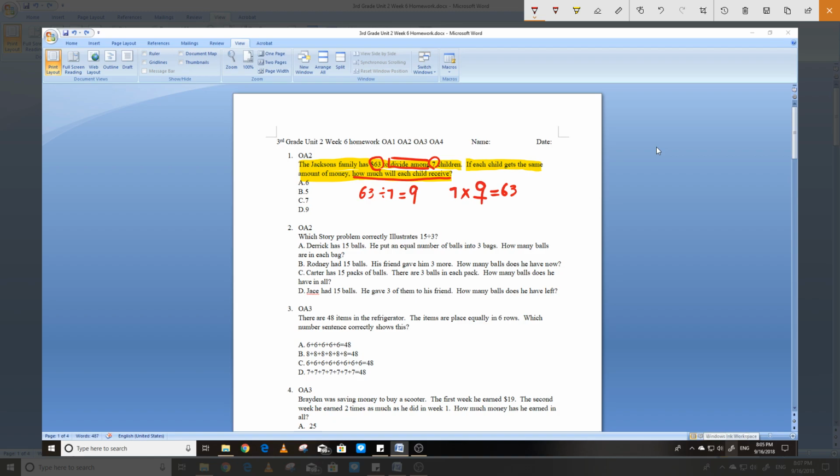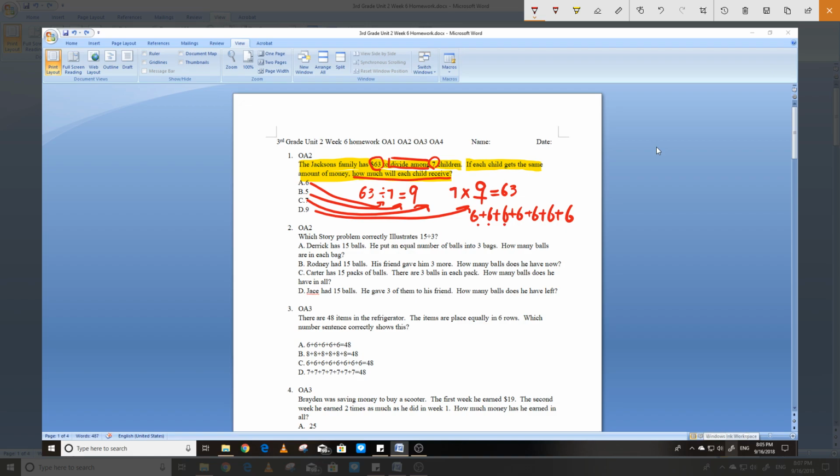Now, if you're not very good with multiplication, you can simply plug every answer choice in and see which one works. And if you still have trouble, then just do this. You need to add 6 seven times. So do 6 plus 6 plus 6 plus 6 plus 6 plus 6 plus 6.